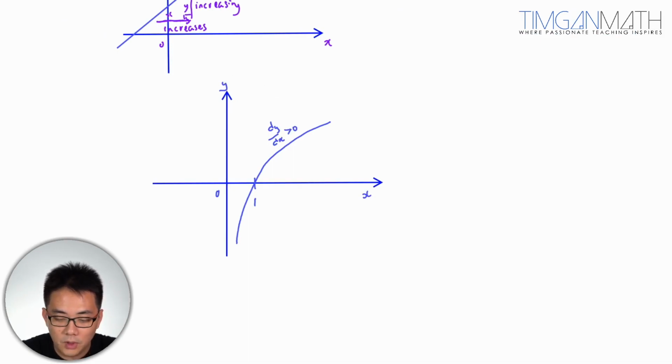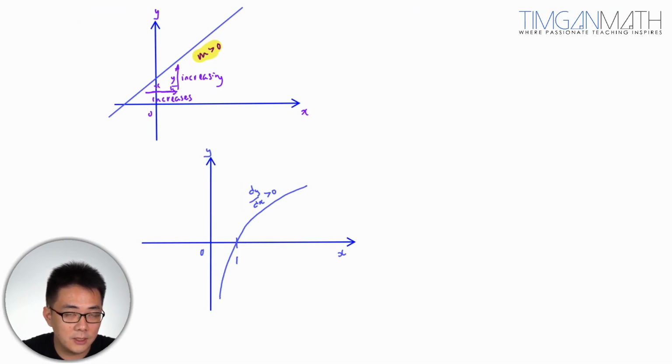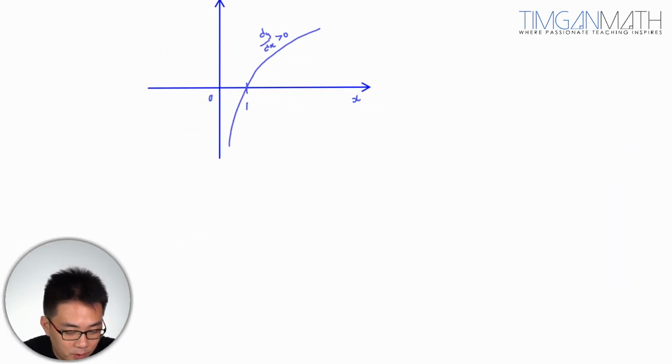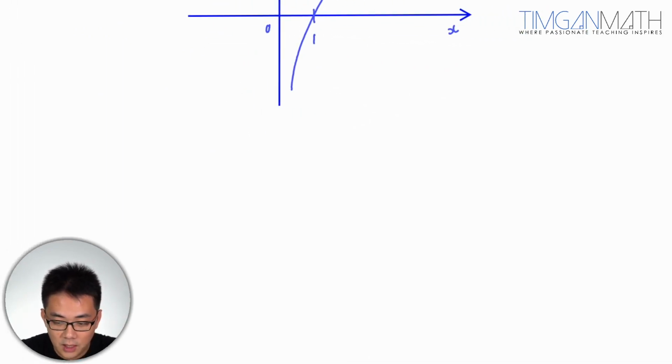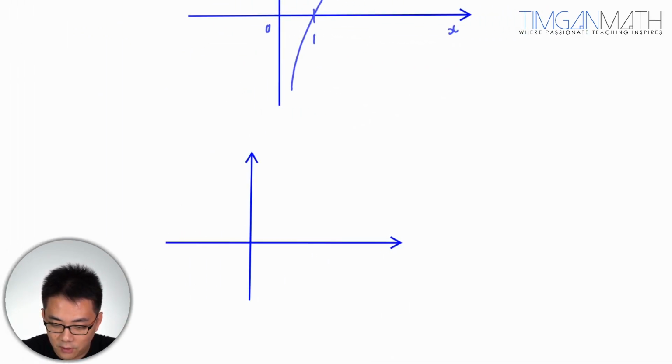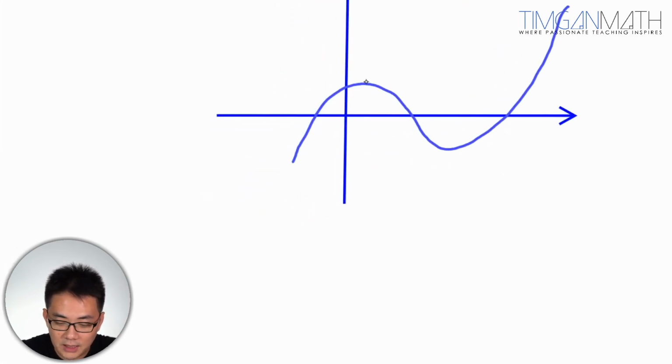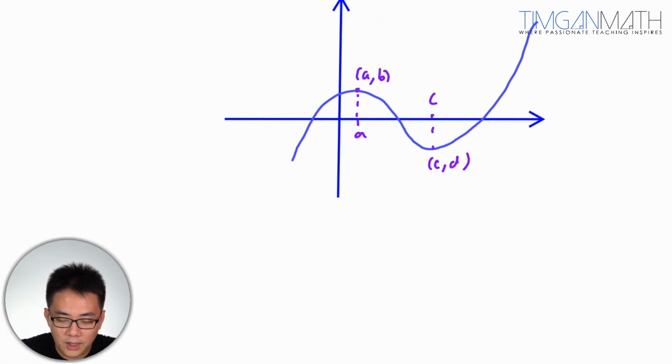Just know that an increasing function means y is increasing as x is increasing. And if you have a quadratic or, let's say, a cubic function like that, not every part is increasing. Let's say we have a maximum point here, which is a, b, and a minimum point c, d. The increasing function is this portion here, because it is going up, and this portion here is also increasing.